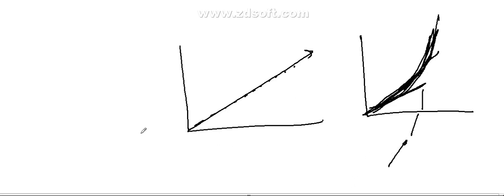Slope is basically, if you have a line, the tangent. If you have a straight line, the direction is only this side because there is no change of slope, only one slope. But if you have a curved line, if you do not have a linear graph, then the slope is changing everywhere.